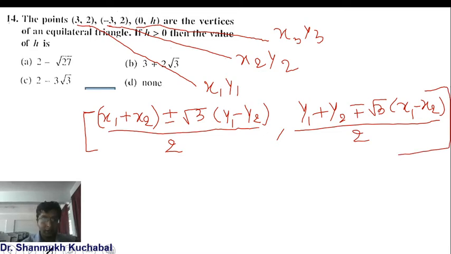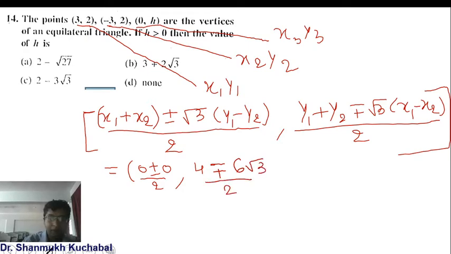So we already know x1, x2, y1, y2, and we have to substitute in this formula. We get 0 plus or minus 0 by 2, and 4 minus or plus 6 root 3 divided by 2. If we simplify this for the h value, we get 2 plus or minus 3 root 3.